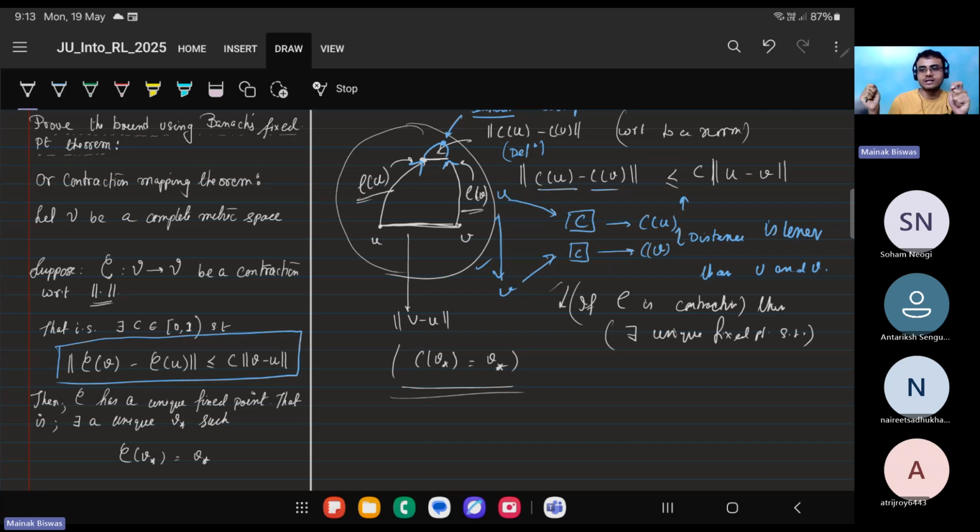Any two vectors you take come close to each other, so they have to come close to a single point, is what it says.